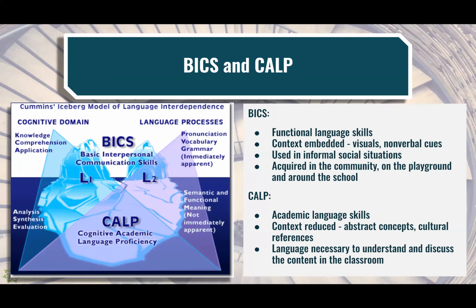BICS is the language that we need for survival, the language we need to make friends on the playground, find our way through the school, find our way in the grocery store, things like that.